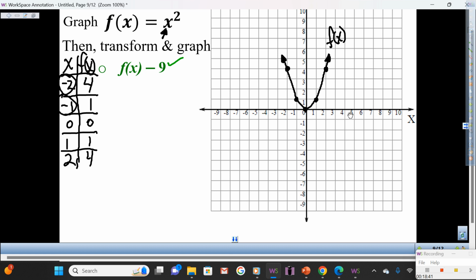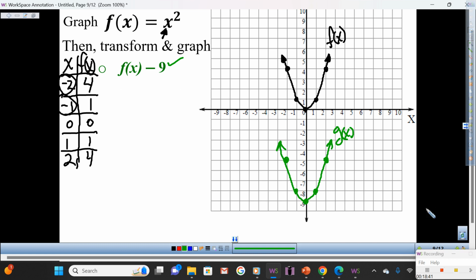All 5 points, 9 down. So let's do that. We got 1, 2, 3, 4, 5, 6, 7, 8, 9. 9, 9, and 9. All right. There it is. And we're going to label this one g of x.